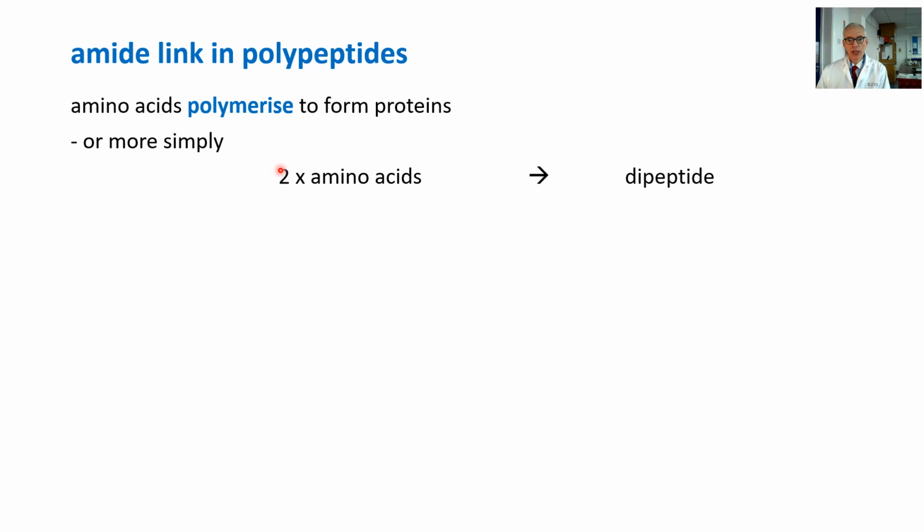So if we simplify matters, rather than looking at proteins, which of course are hundreds and possibly thousands of amino acids, we can just look at linking 2 amino acids together to make what's called a dipeptide. This will bring out the chemistry.